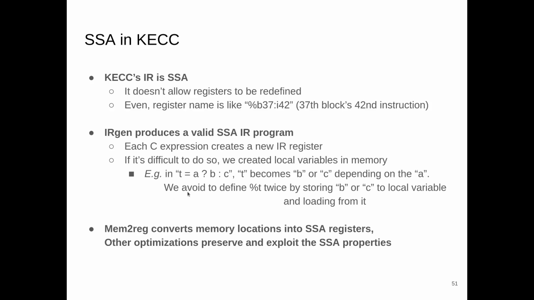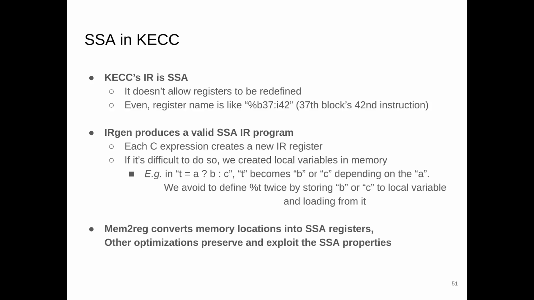For example, take a conditional expression, which assigns the value of B or C, depending on the value of A, to T. In a naive translation, you first calculate A, and depending on the value of A, you jump to the next blocks.